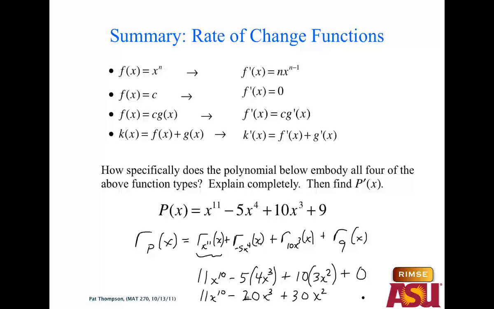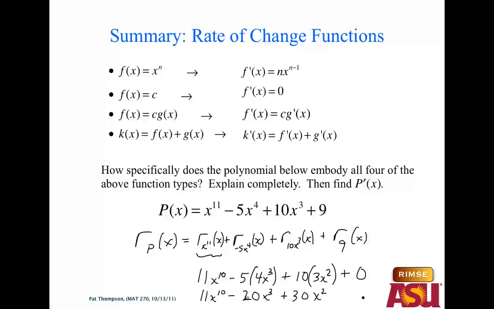Do we actually have to write the rate of change of x to the 4th, or do we just conclude? Yeah, so I skipped it. If we were explicitly writing every single step, then yes. It'd be negative 5 times the rate of change of x to the 4th with respect to x. So you could have done one more intermediate step from there to there.